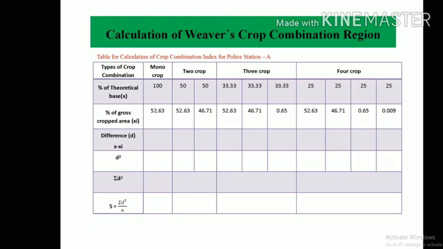You see, I have put higher percentage in first. In case of monocrop, only the highest percentage of gross cropped area is to be put.